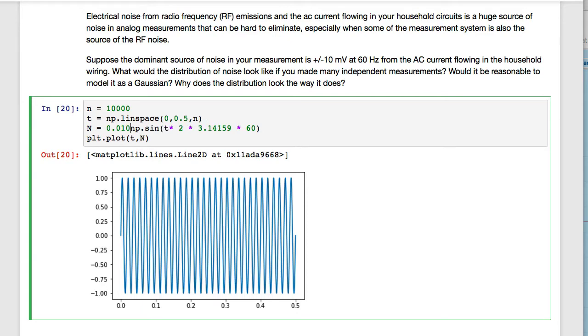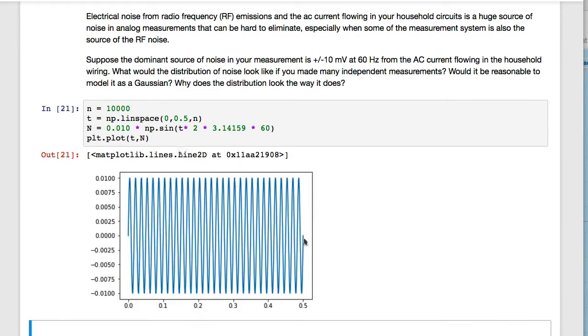So that's 10 millivolts times np.sin, yeah, that should do it. So now I've got it going from negative 10 millivolts up to positive 10 millivolts. And I'd like to know what the distribution is for all the samples. I've got a whole lot of data points here. How are they distributed over that range?